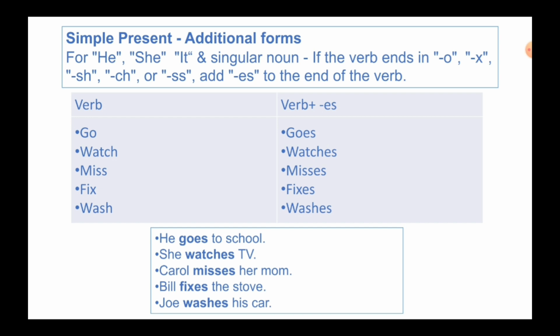Examples: go, goes, watch, watches, miss, misses, fix, fixes, wash, washes. Sentences: he goes to school, she watches TV, Carol misses her mom, Bill fixes the stove, Joe washes his car.